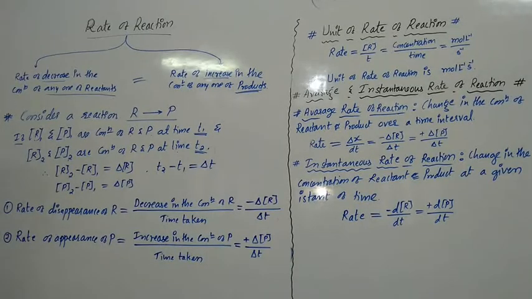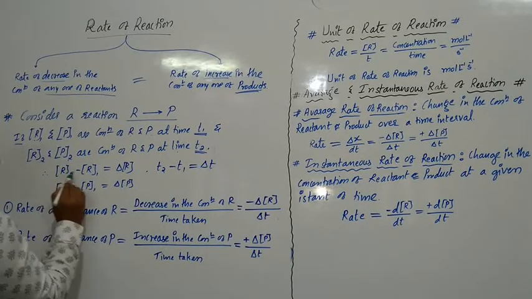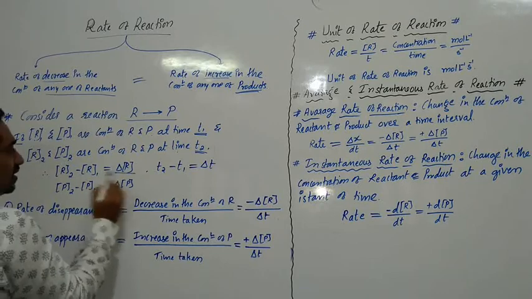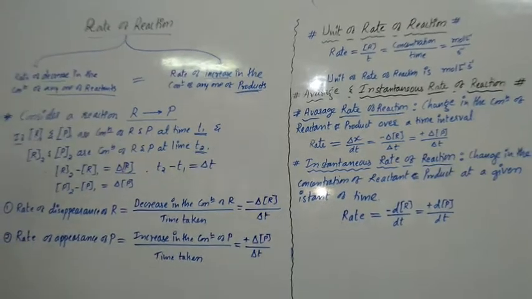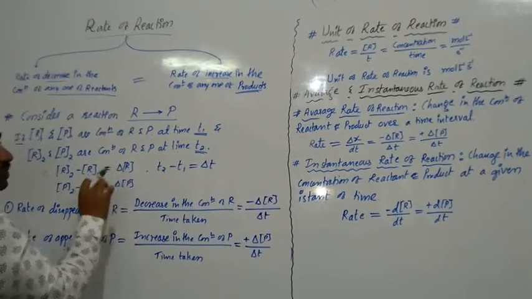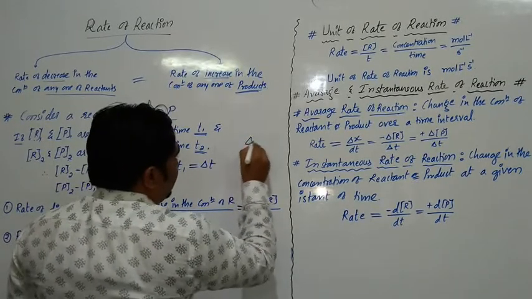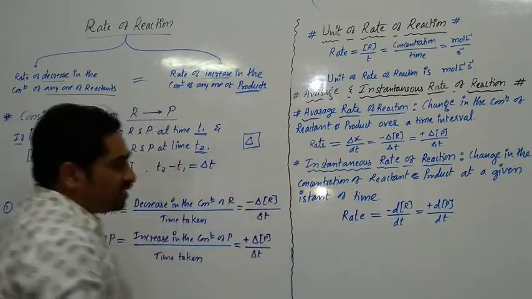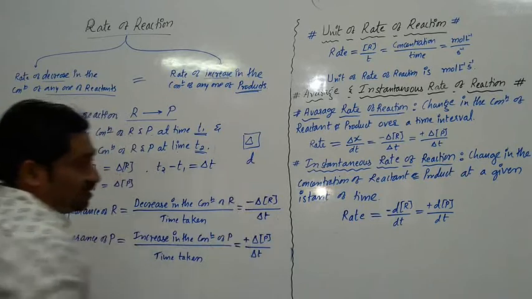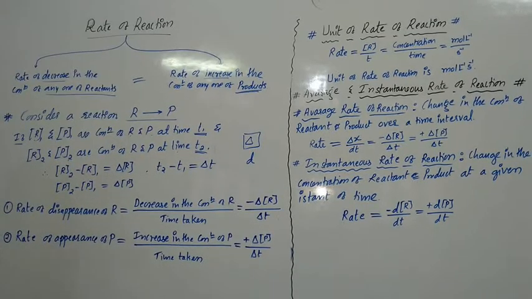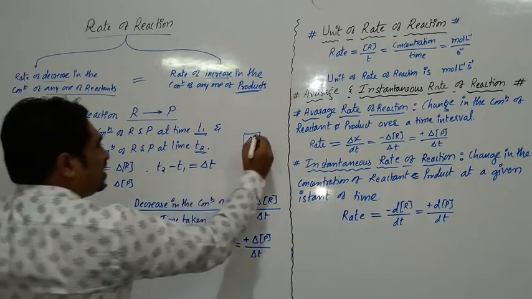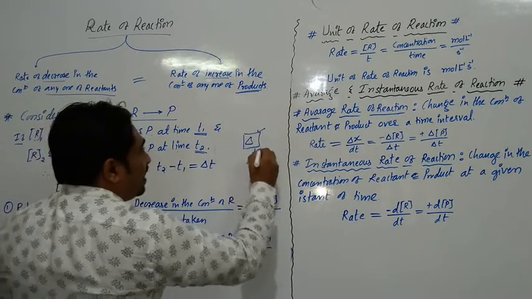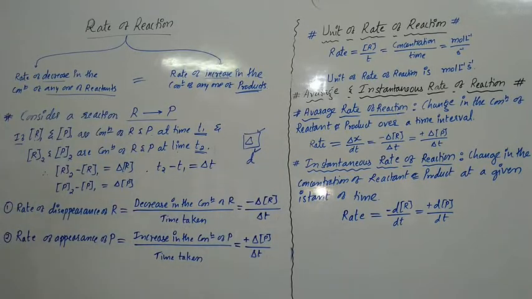So [R]2 minus [R]1 is equal to delta [R]. Delta indicates change. Please remember, if anywhere delta is used, this indicates change. If d is used, it is a small change, an infinitesimally small change. Delta is used for large change and d is used for small change.